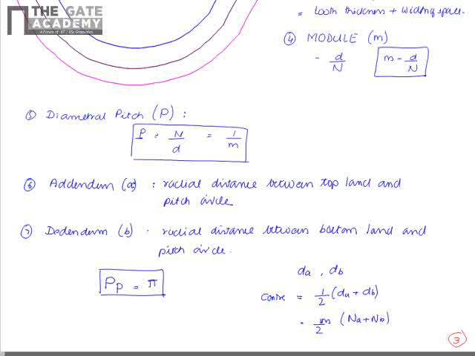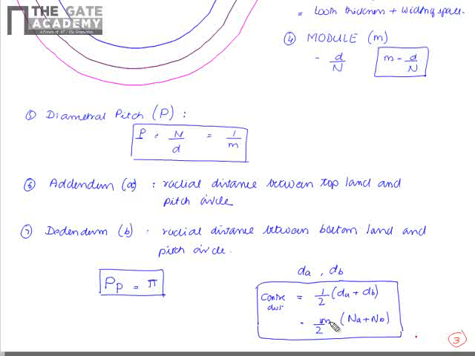When two gears are mating, the distance between the two centers is given by half of dA plus dB, that is half of the diameter of the first shaft plus the diameter of the second shaft. That will be equal to m by 2 into Na plus Nb, where Na is the number of teeth in the first shaft, Nb is the number of teeth in the second shaft or B shaft, and m is the module.